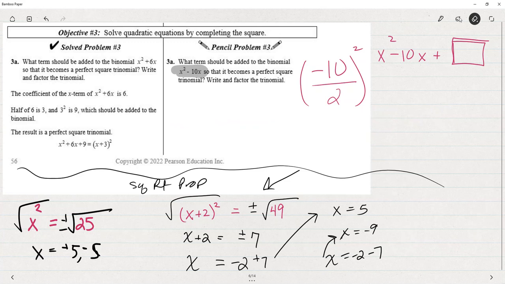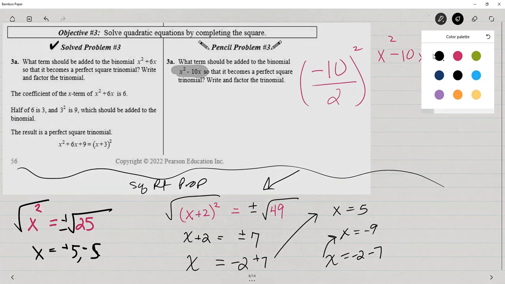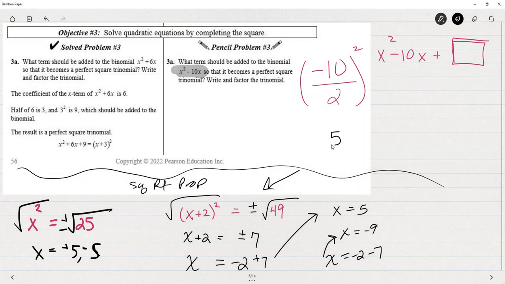Now, if I cut the -10 in half, you could even use a calculator if you needed to, but -10 divided by 2 is going to be -5. And -5 squared, it's not -25, it's -5 times -5, which is +25. So it looks like +25 is the number I could add.